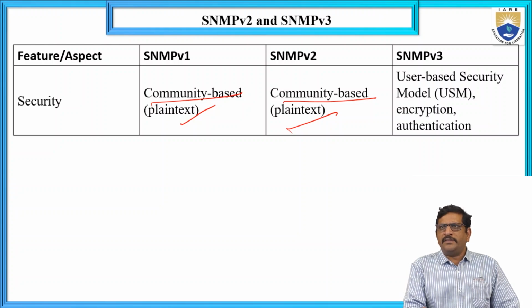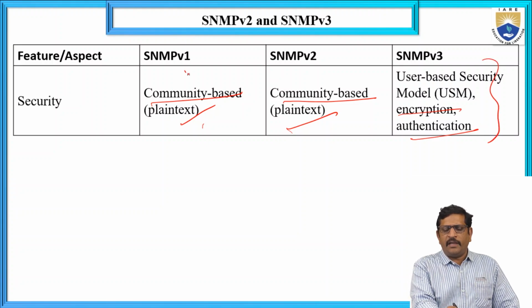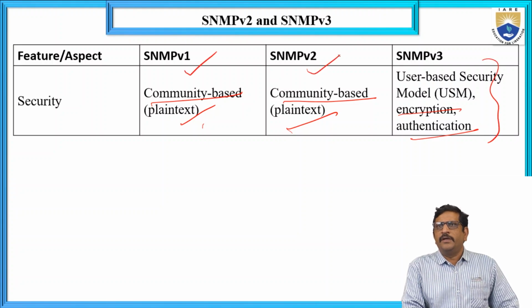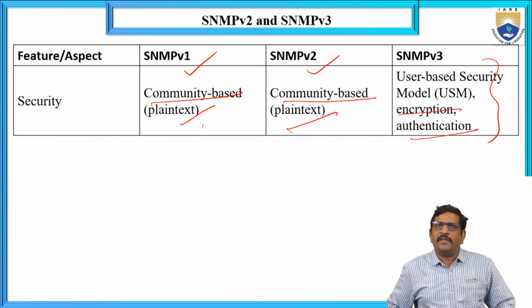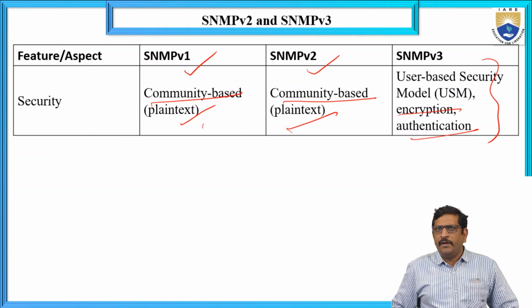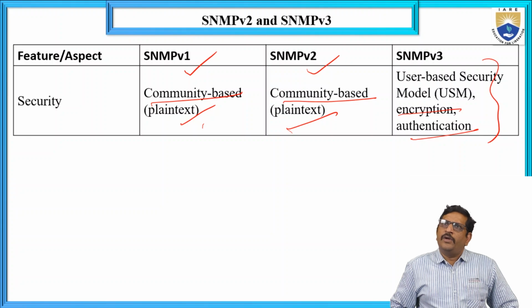But SNMPv3 is a user-based security model, that is USM, with encryption and authentication. Comparing these, SNMPv3 provides more security than SNMPv1 and SNMPv2. It is an enhanced version of all the SNMP versions, with a more user-friendly security model.